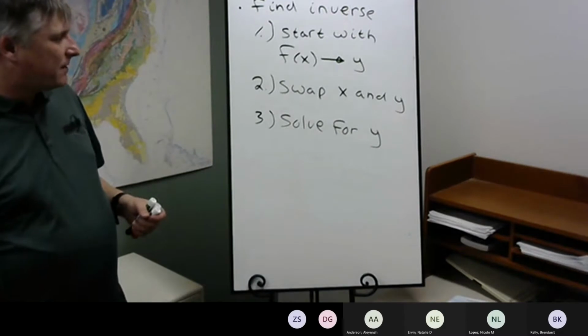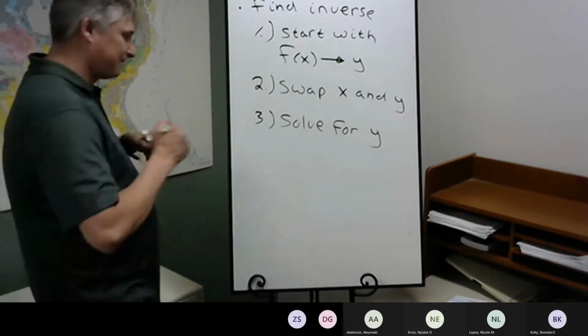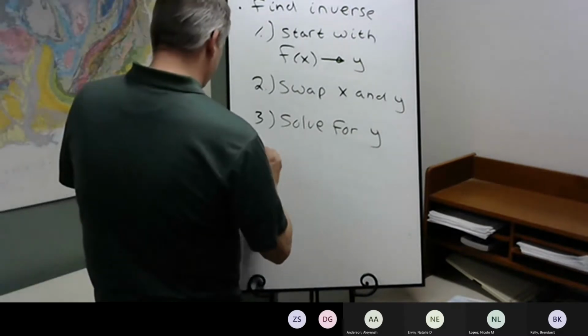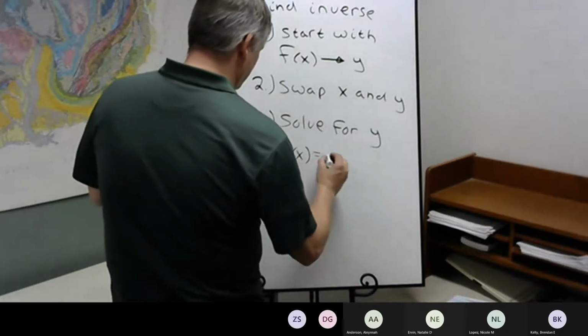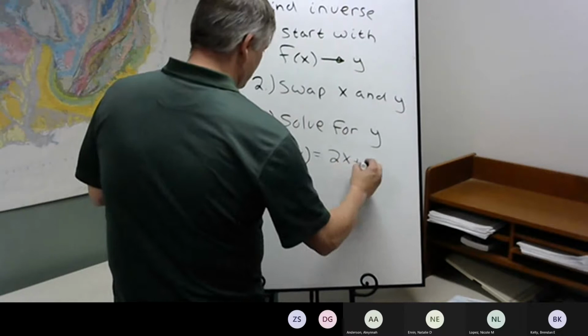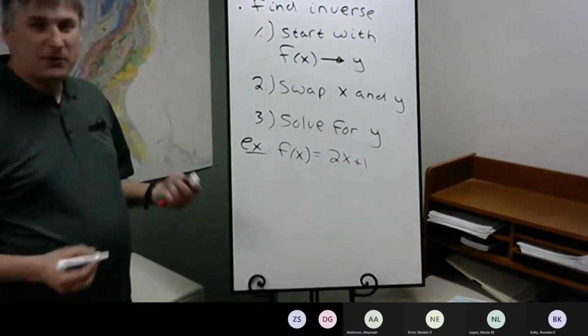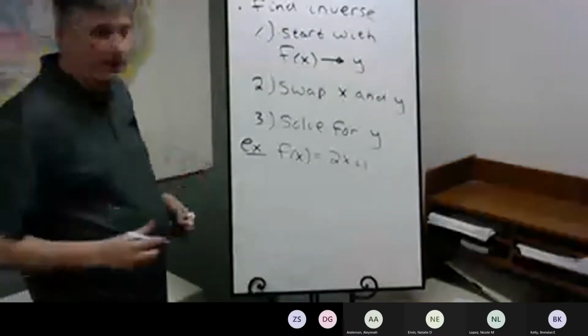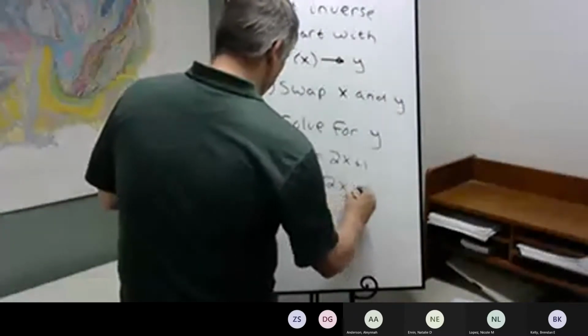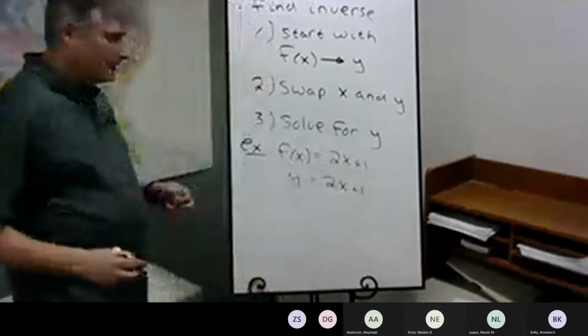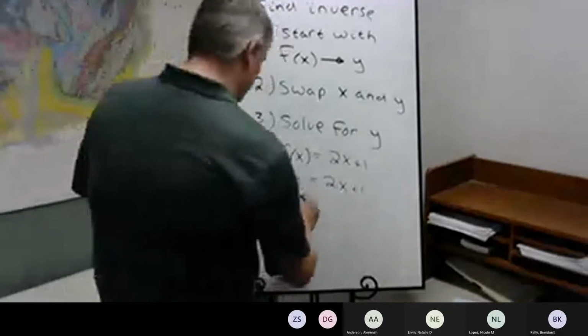So let's say we have something like this. So first step, we rewrite f of x as y. Then we swap x and y.